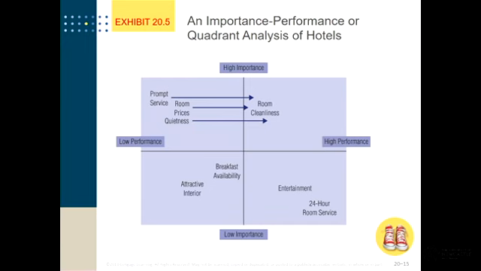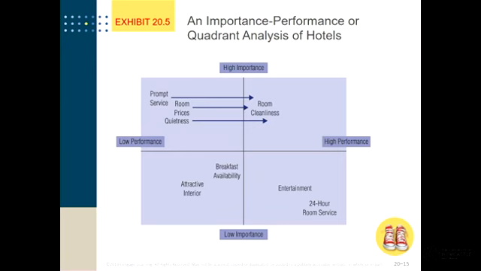For example, this quadrant is the combination of high importance and high performance. Look at room cleanliness. What does it mean? It means our respondents rated room cleanliness as a high importance variable, and its performance is also high.